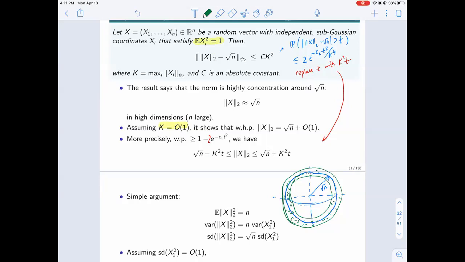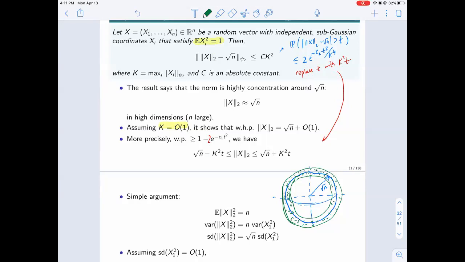And you can imagine the root n, so n grows to infinity. The dimension becomes bigger, but the size of the shell doesn't change. So you can see that the concentration is very interesting. It's dimension independent, which might be very surprising at first.